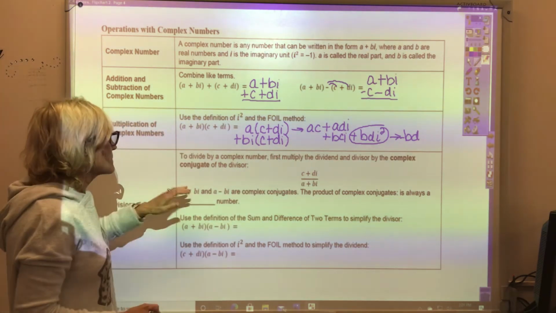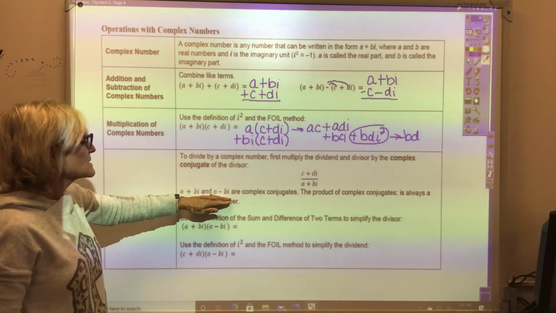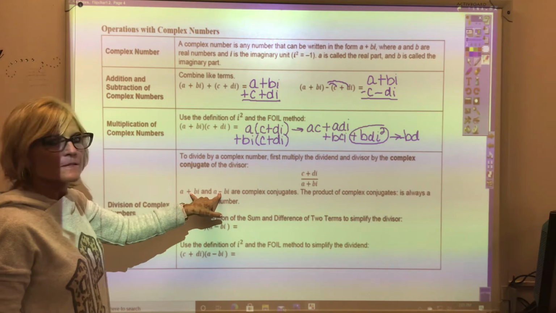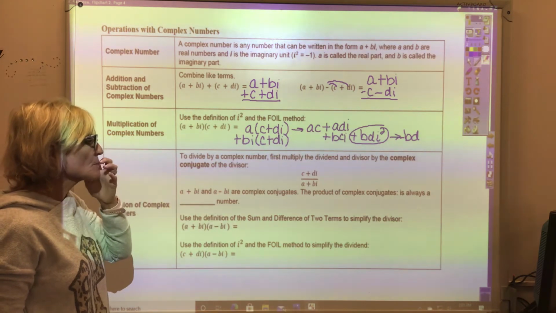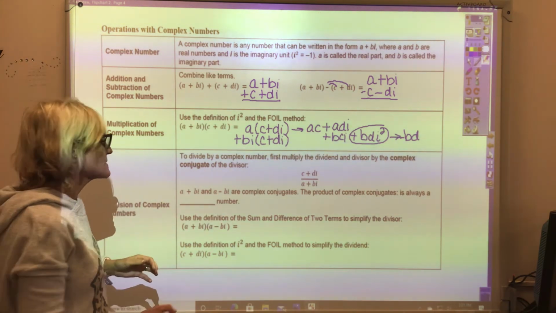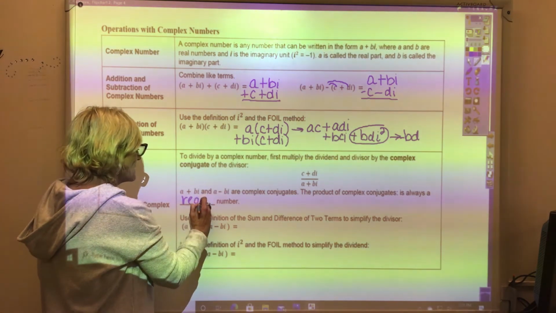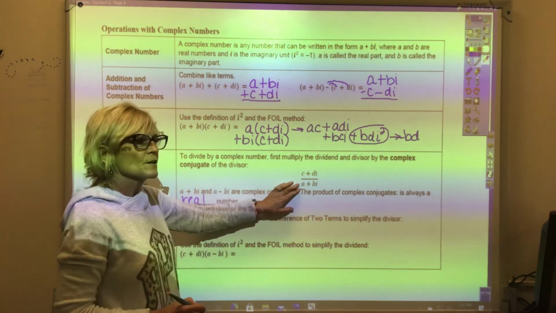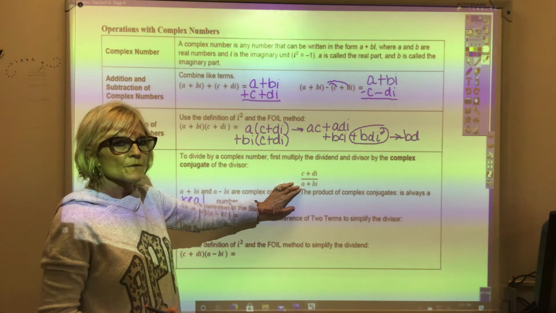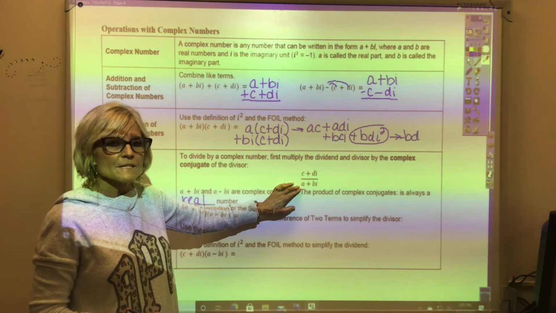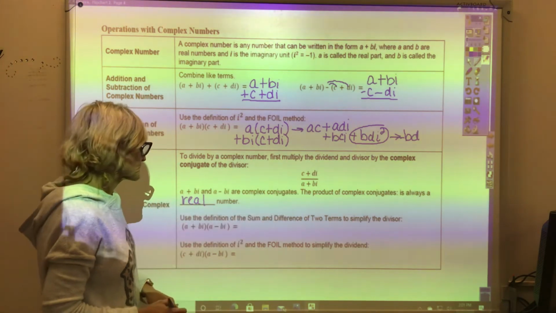So a plus bi and a minus bi are complex conjugates. Again, all that changes is the sign in the middle. The product of complex conjugates is always a real number. And that's what we want in the denominator. We can't have a complex number in the denominator. We have to have a real number, just like we can't have 0 in a denominator.